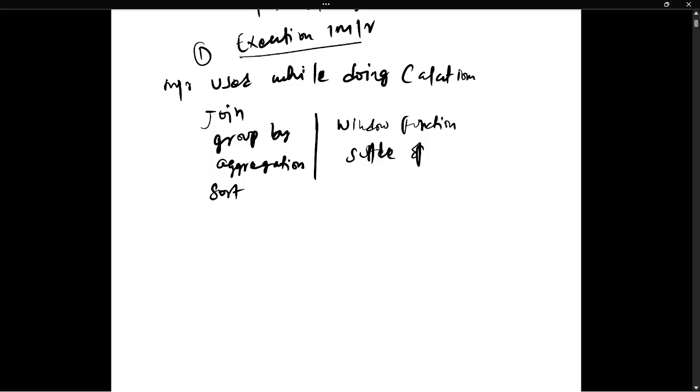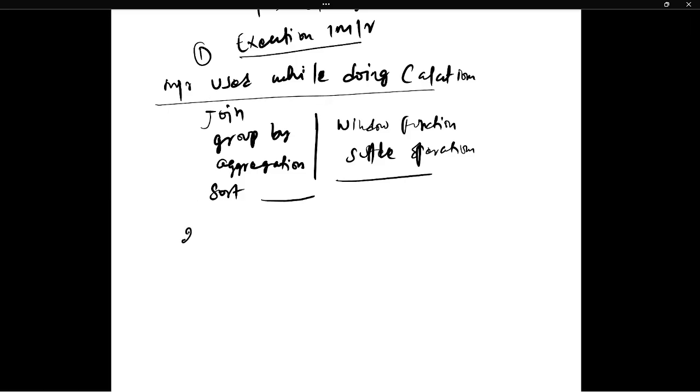So these are the examples where we are using memory while doing calculation. That is called execution memory. Okay, so execution memory is like a working table.